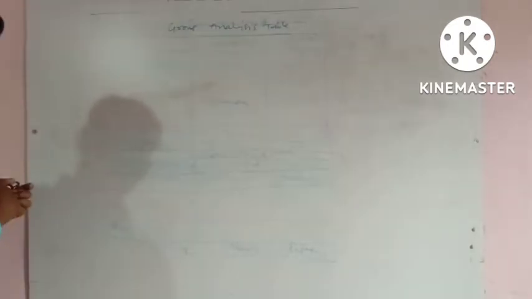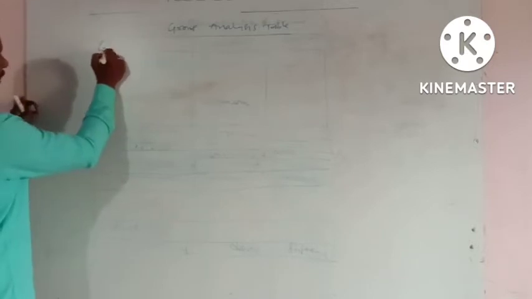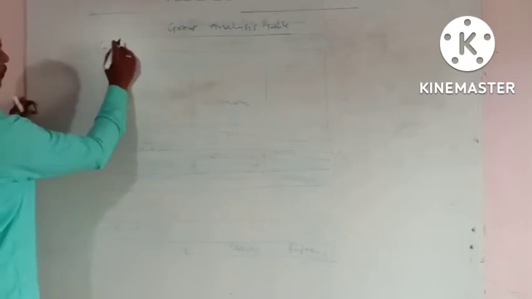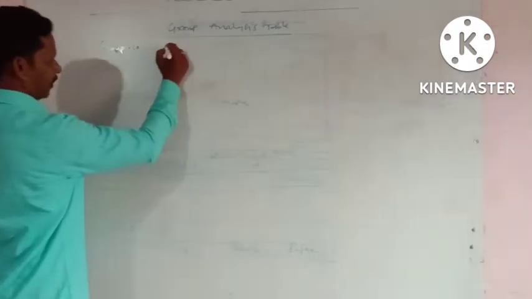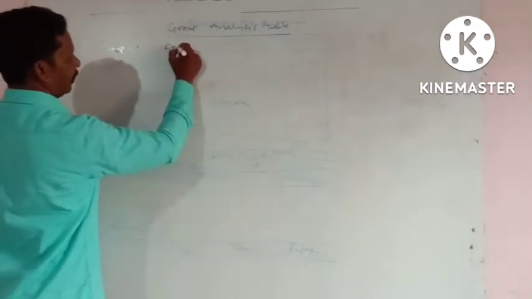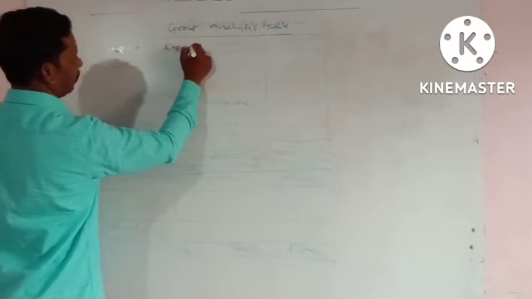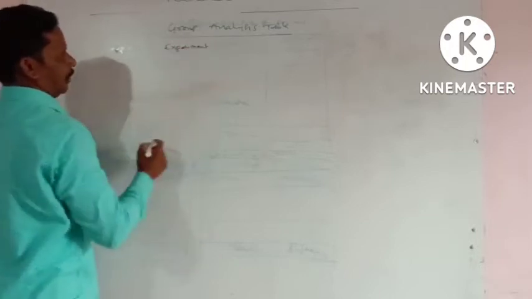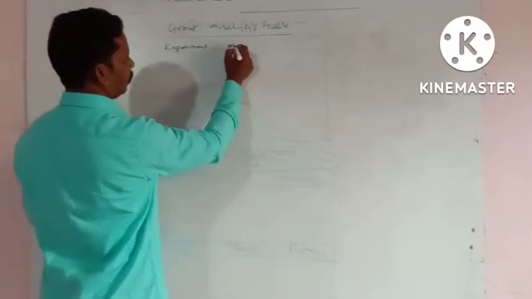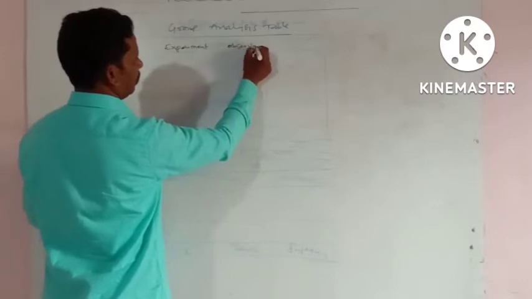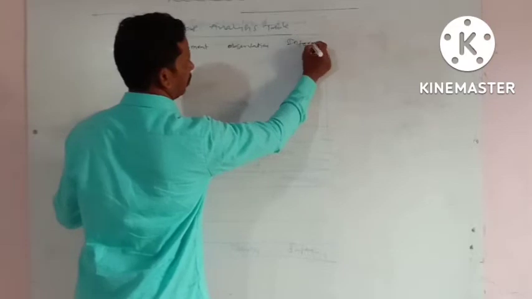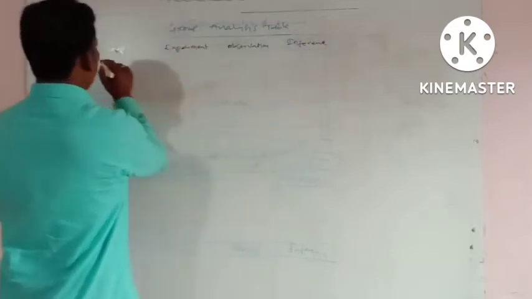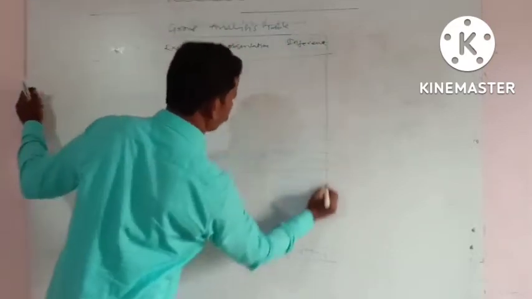While writing the group analysis table in the record, write it clearly like this: the group number, the experiment, the observation, and also the inference.